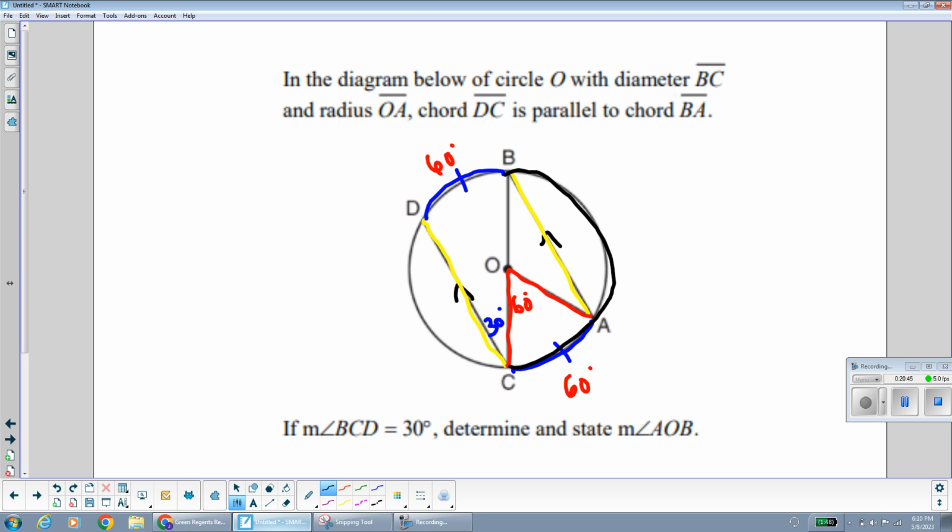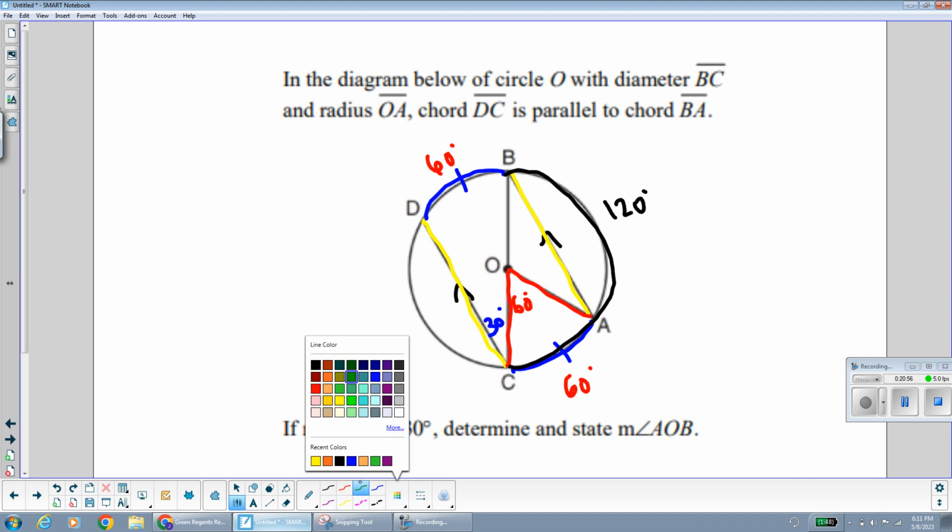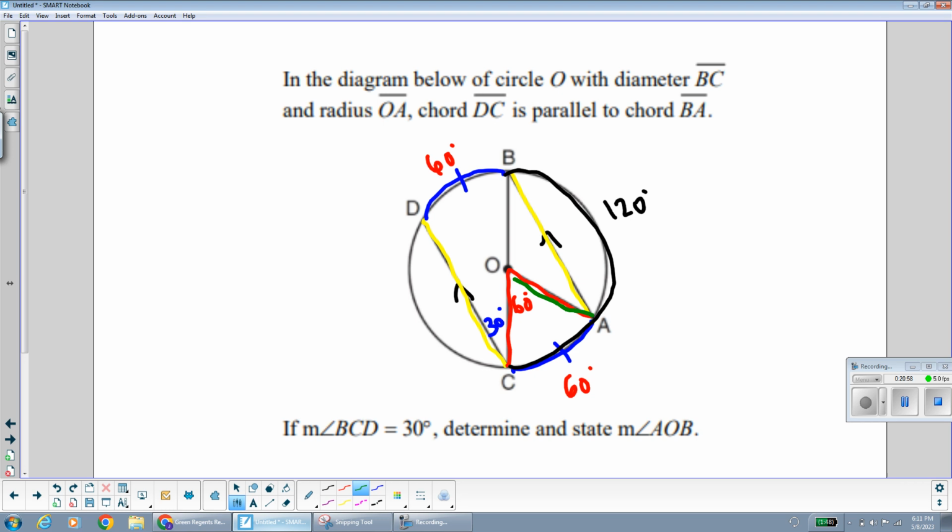I already have the 60 degrees, so 180 minus 60 is 120 degrees. And AOB, let me just highlight that. AOB is a central angle that intercepts arc BA. So if arc BA is 120 degrees, the central angle that opens up to it should also be 120 degrees.